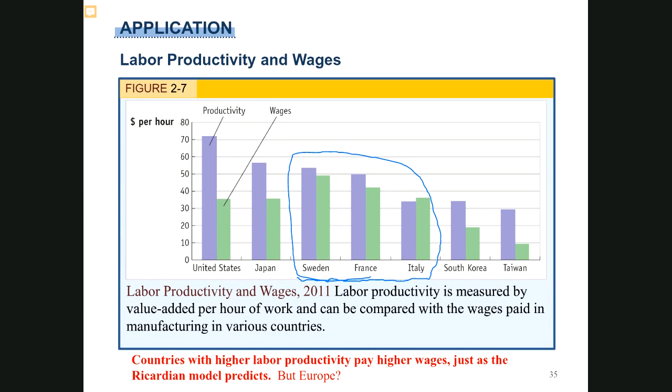In comparison with the United States, the Swedish, French, and Italian workers' productivity is lower. However, their wage is higher. And the book tells you it's because of what? It's because you have to count the benefits and other additional benefits that are non-cash, right?